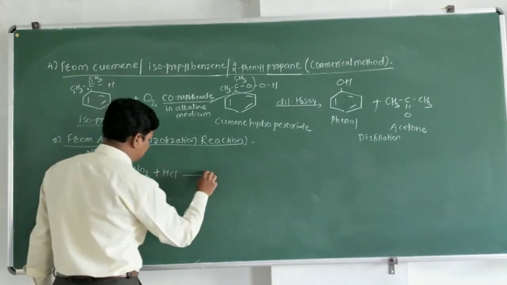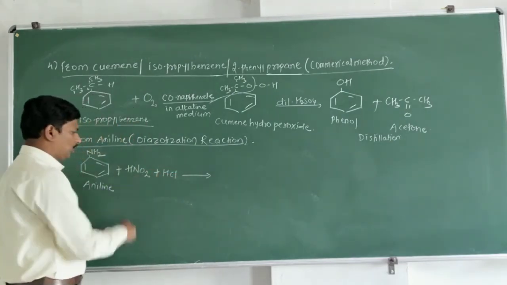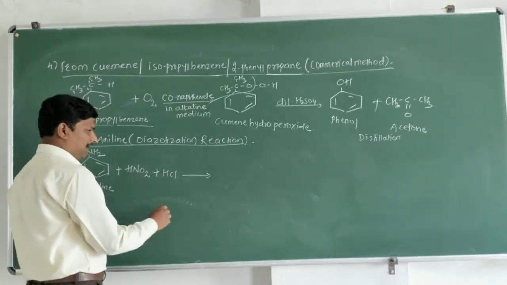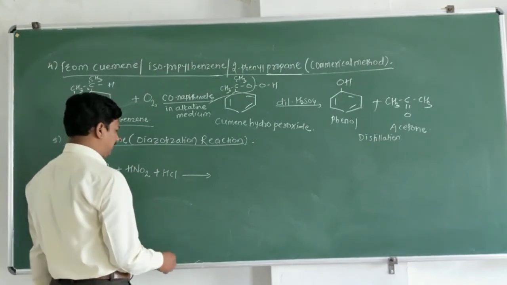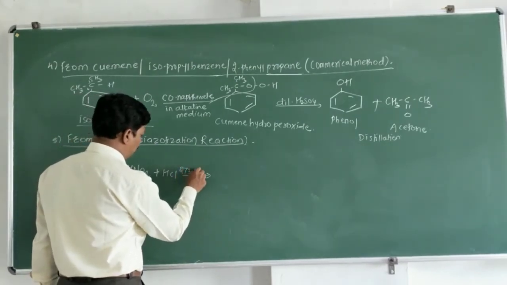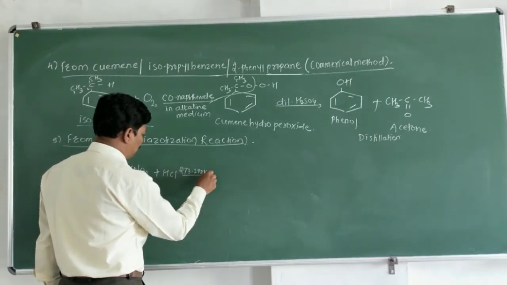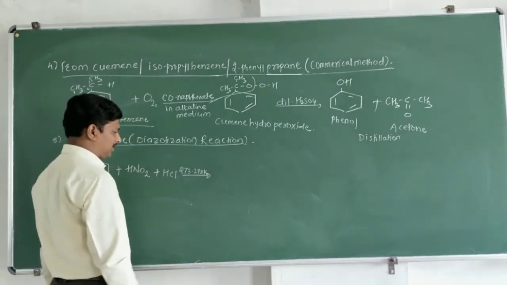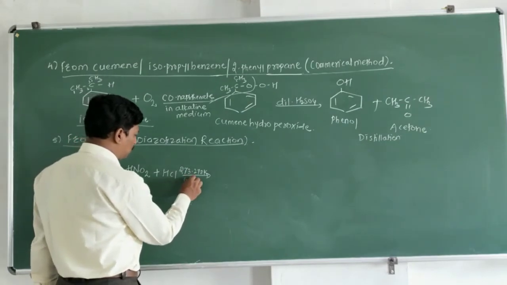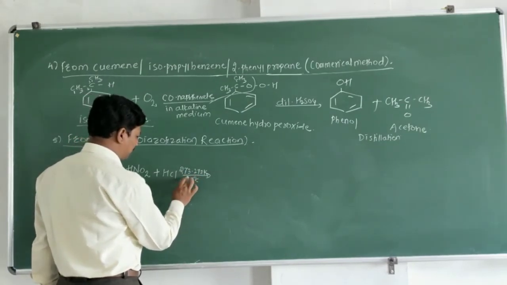Actually nitrous acid, HNO2, is formed from NaNO2, the sodium nitrite, and the HCl. Now this reaction is carried out at 273 to 278 Kelvin temperature, which means in degrees Celsius it should be carried out at 0 to 5 degrees Celsius.